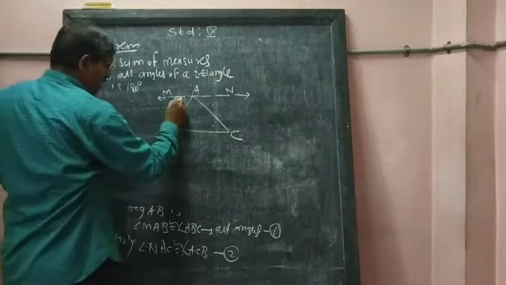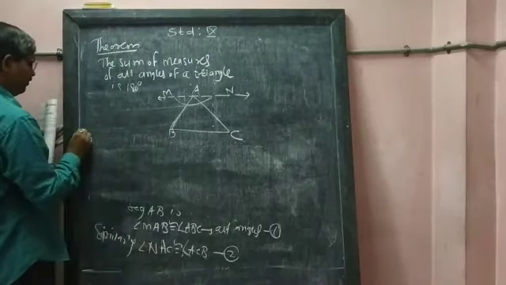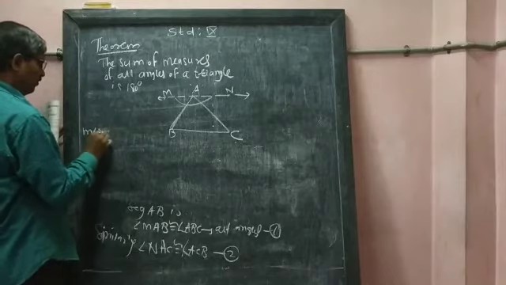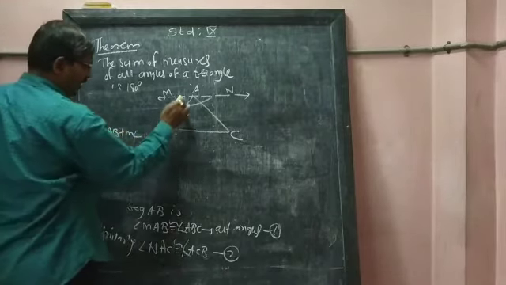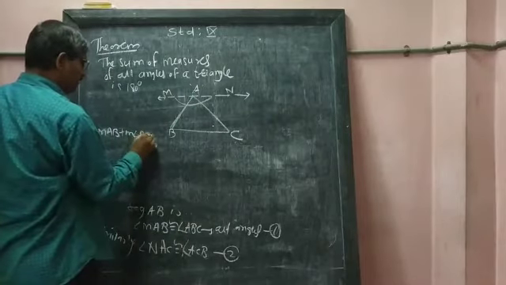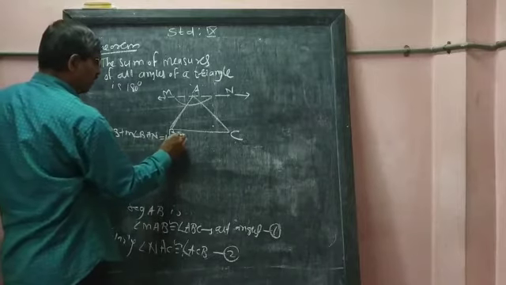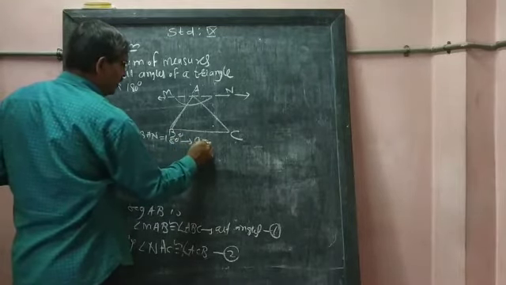Now here, measure of angle MAB plus measure of angle BAN is equal to 180 degrees. Which angles? Angles in linear pair.